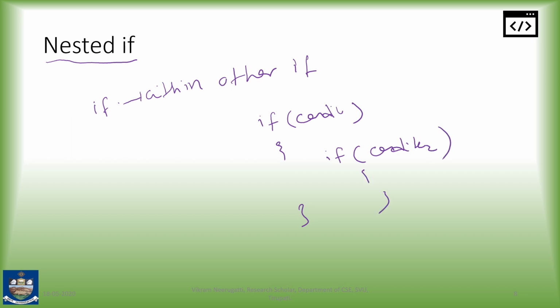Here this is if statement 1, and again we have one more if statement 2. So one conditional statement within another conditional statement is called nested if. It may be an if, if else, or else if inside. Anything can be within it, and then it is called nested if.